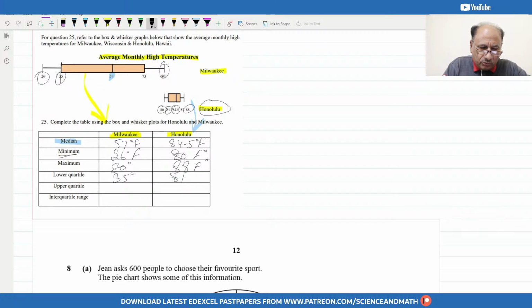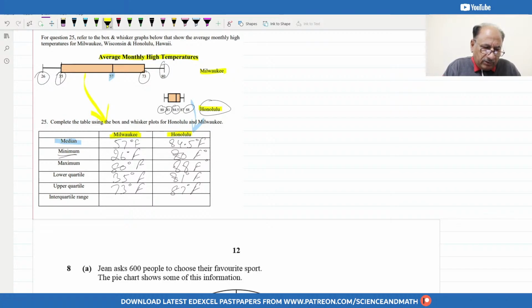This is also degree Fahrenheit. Next is the upper quartile. Upper quartile is this line, which is 73 degree Fahrenheit, and in the other case 87 degree Fahrenheit.